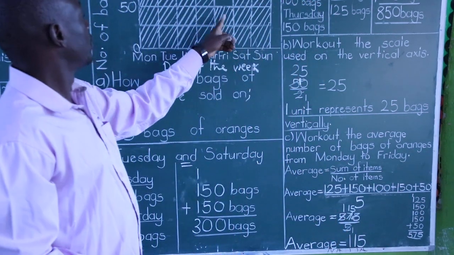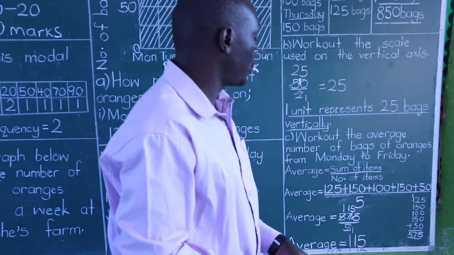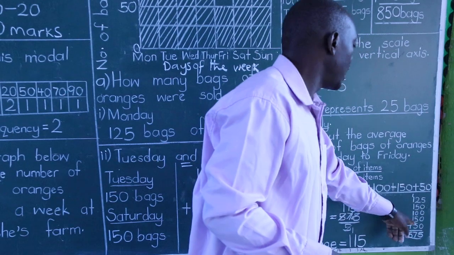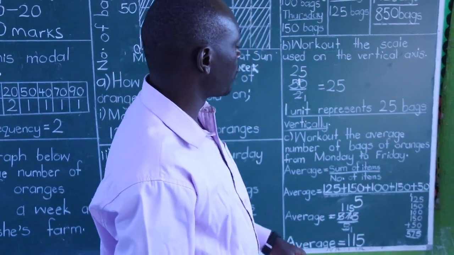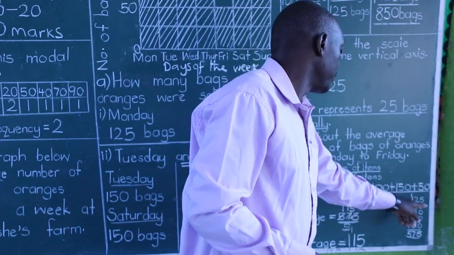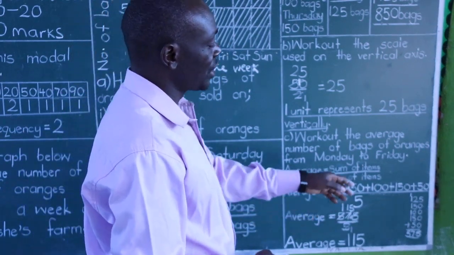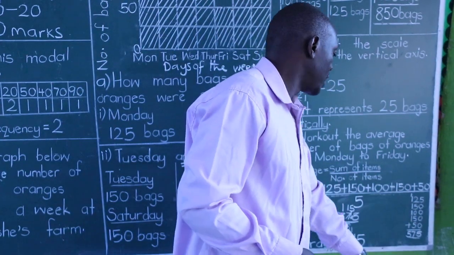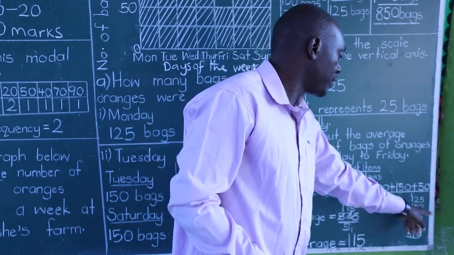Then the sale on Friday, which is the last day according to this question, put it there, out of the number of days talked about, Monday to Friday is 5, so 1, 2, 3, 4, 5, out of 5. And now you are going to add vertically. Align them vertically, 125 plus 150 plus 100 plus 150 plus 50.